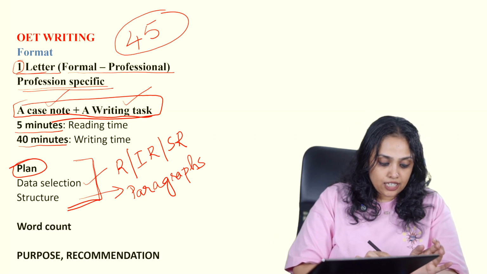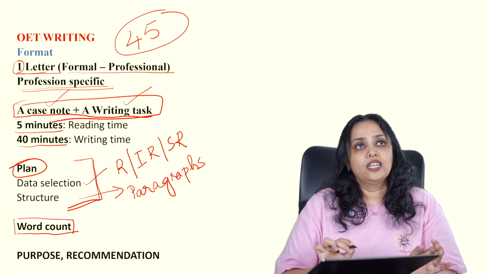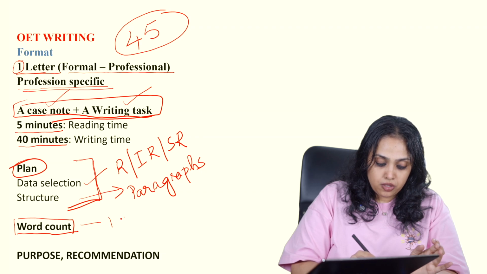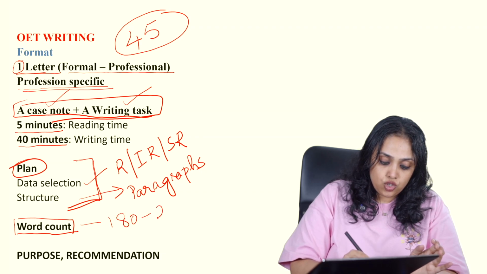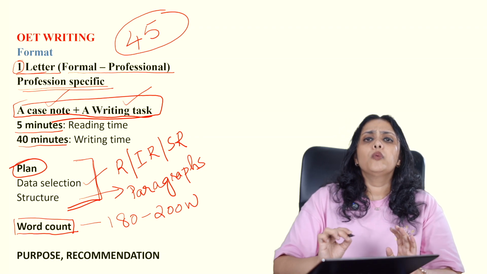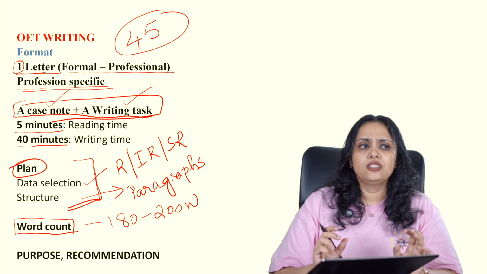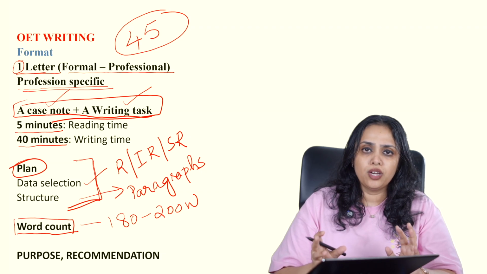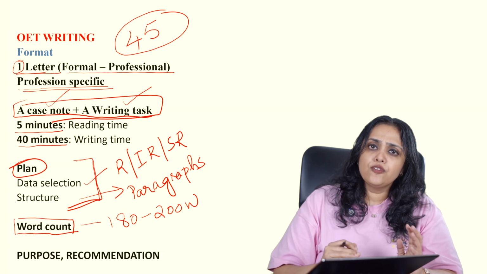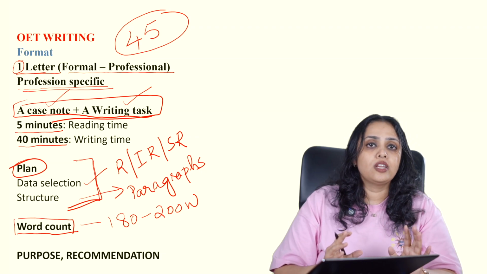Then another thing that you have to keep in mind is regarding the word count. The word count for your letter should be in the range 180 to 200 words. 180 to 200 words means the examiner is not going to literally count whether it is in that range, in and around 180 and 200. So if it is a few words short of 180, provided that you have included all the necessary information, that is fine.